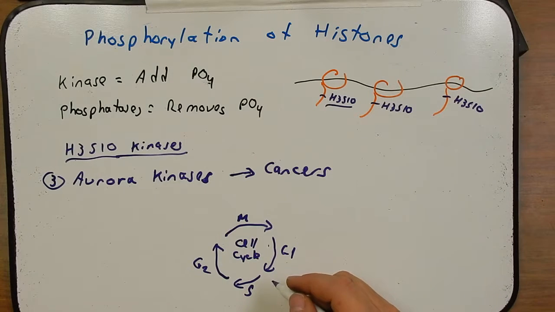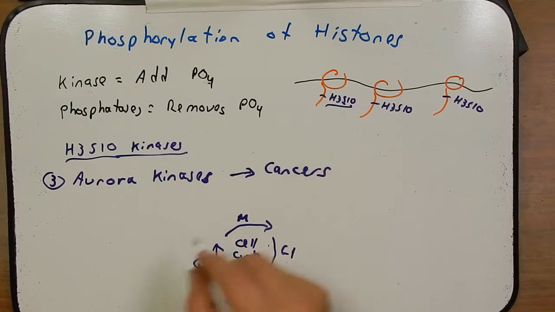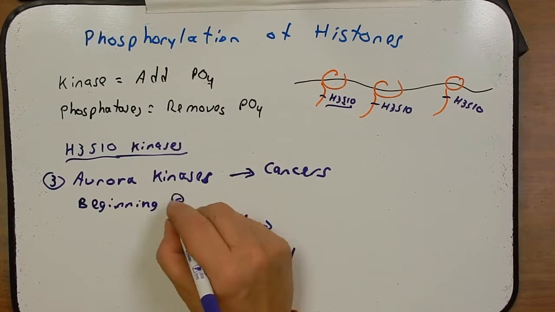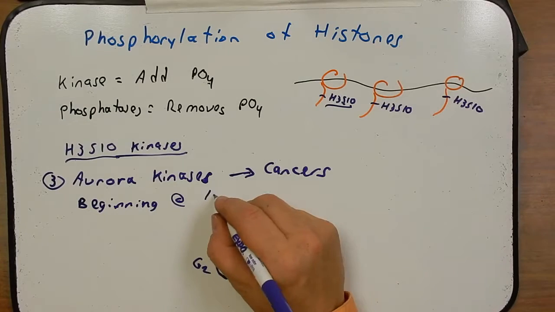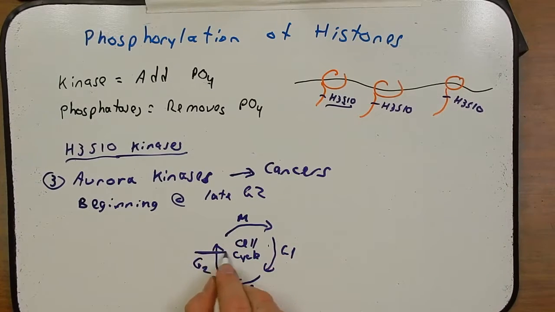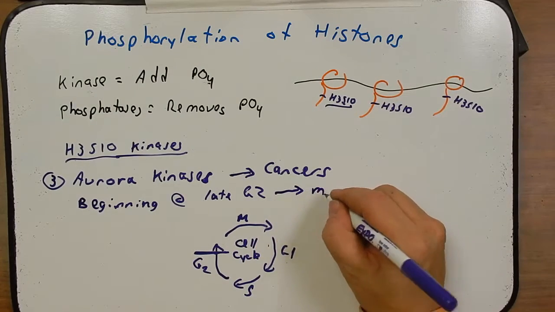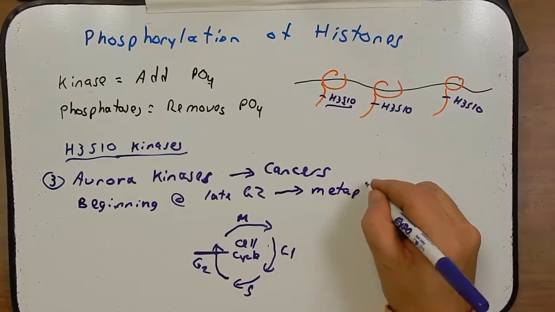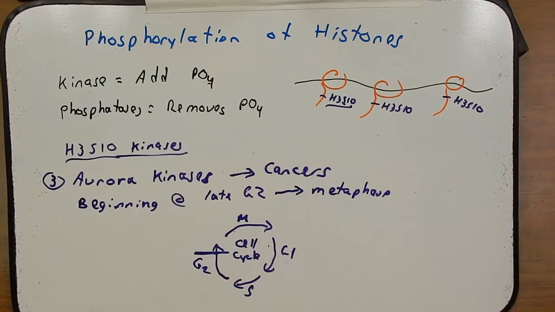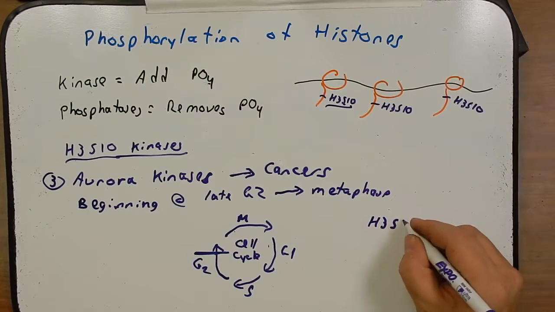And we know that Aurora kinases phosphorylate S10 beginning at late G2, so in this area right here, and then through metaphase found during mitosis. It will also phosphorylate H3S26.